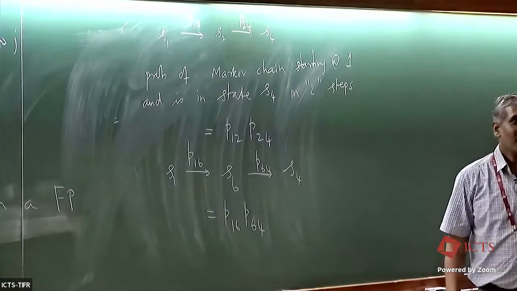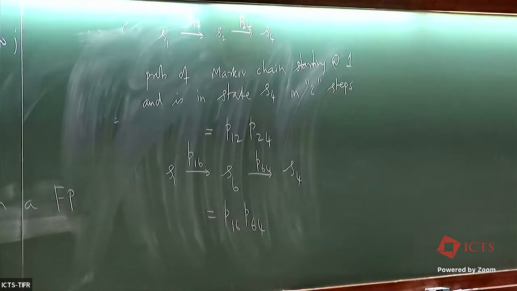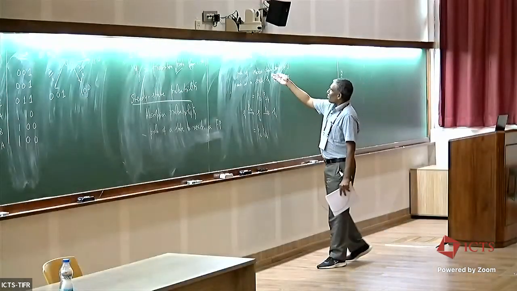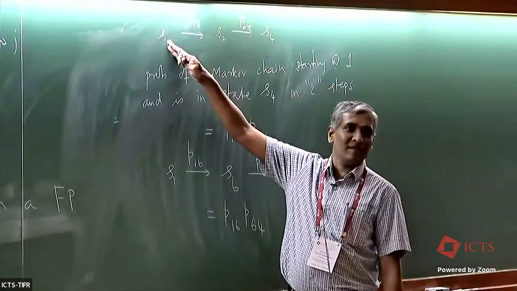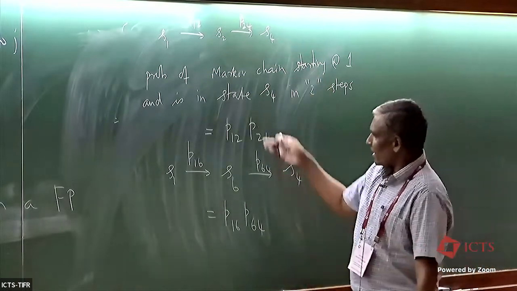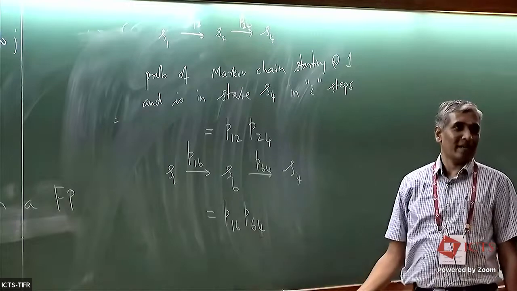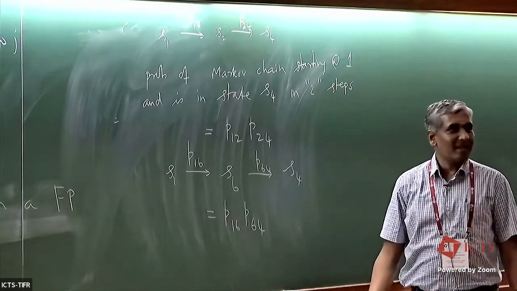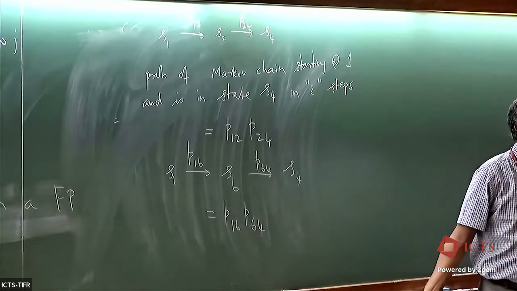Therefore, the net probability of the Markov chain starting in S1 and being present in S4 in exactly 2 steps is the sum of all of these probabilities. These are independent paths, so we can take a sum of all of these probabilities.